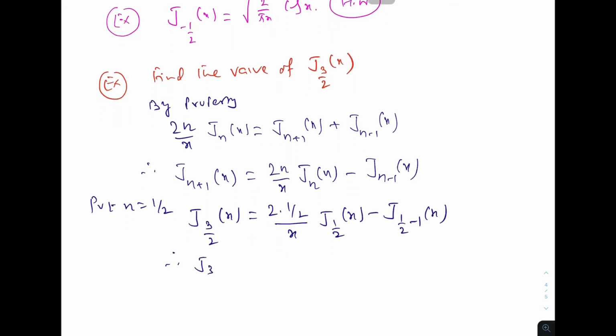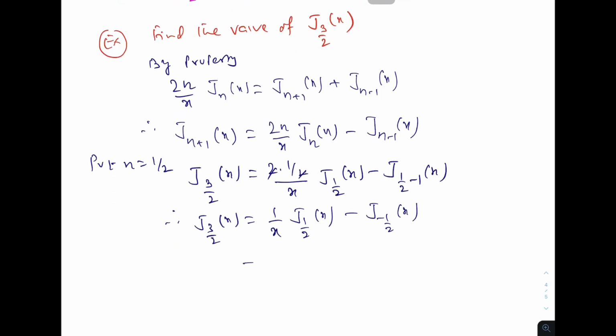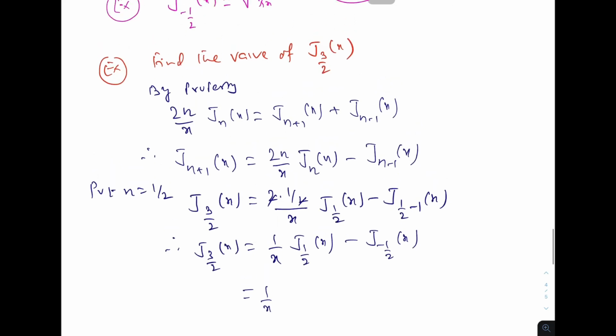So therefore j 3 by 2 x equals 1 by x j 1 by 2 x minus j minus 1 by 2 x.